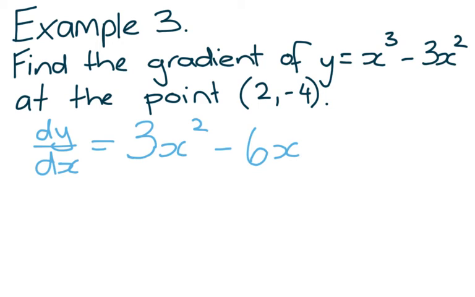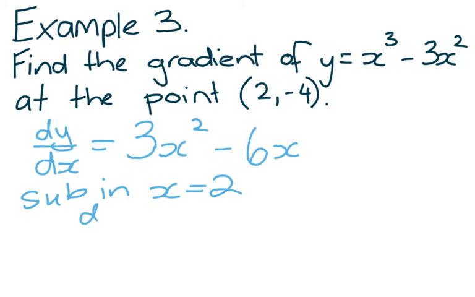We have dy by dx, and then in our gradient function, we only have x values. So what we do is we sub in just the x coordinate. So we're going to write here, sub in x equals 2.